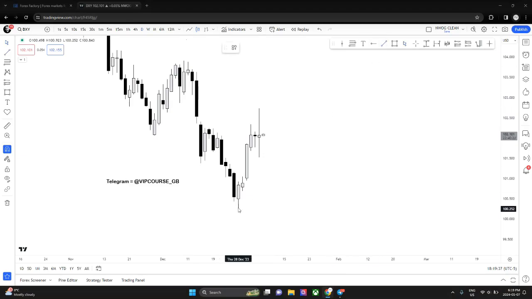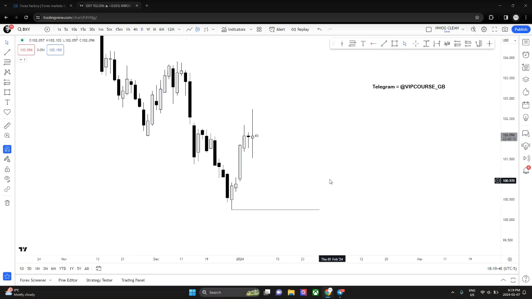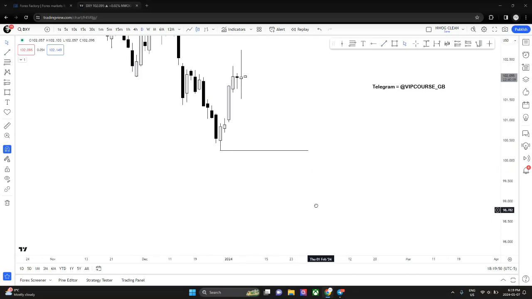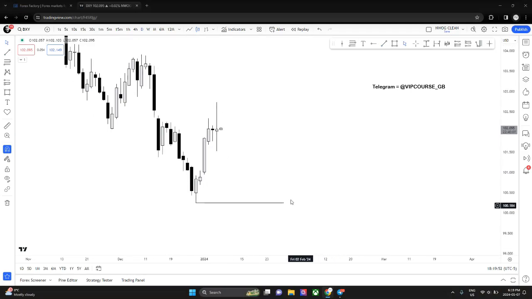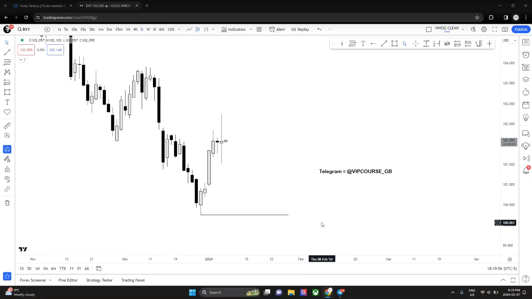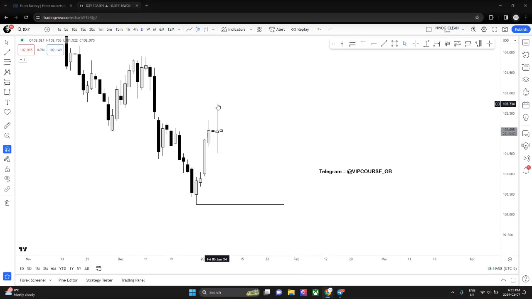Ultimately, due to the fact that this is also the true open of the quadrennial cycle, if price goes below this low, below the true open of the quadrennial cycle, and rallies higher, probably breaking this high, then we could probably be looking at where the low of the 4-year cycle could possibly be forming.